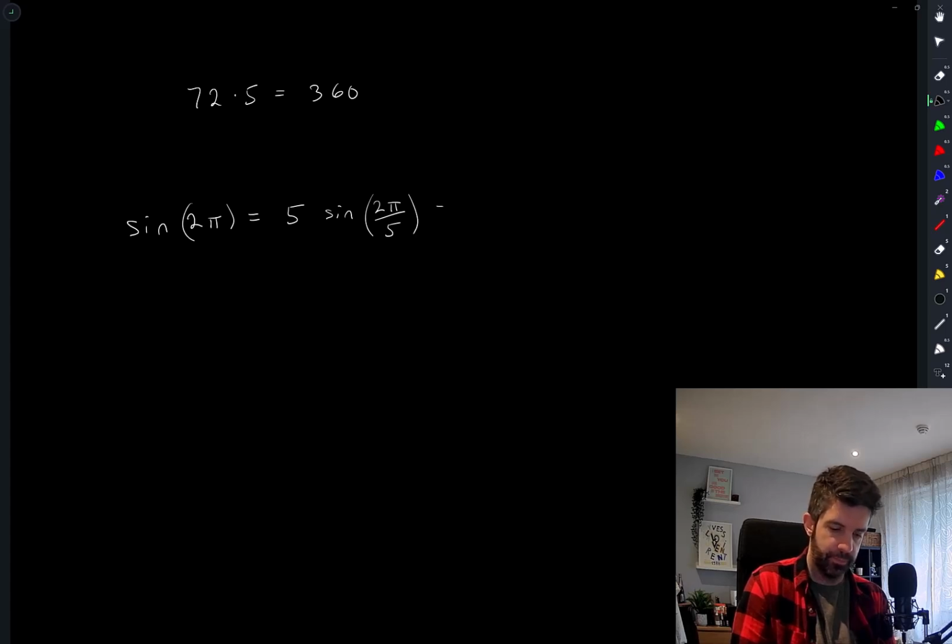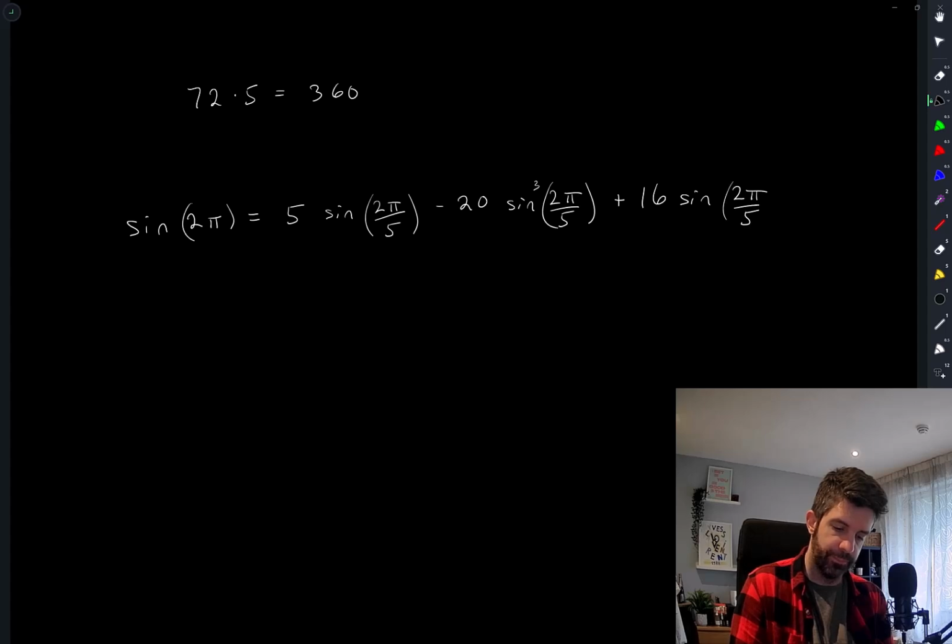Minus 20 sine 2 pi over 5 cubed. I'm going to write it in the conventional notation rather than the way they give it in the question, but I understand why they would have wanted to write it the way they do. The power of 5.